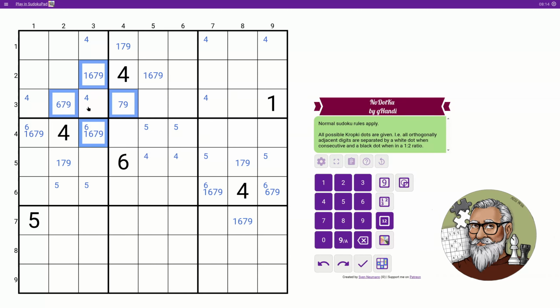Not anything else, but it could be, for instance, what it could be. No, it can't be 1. It could be 2, because we only had 6 and 9, right? For instance. Right. So it's not necessarily 4 there.